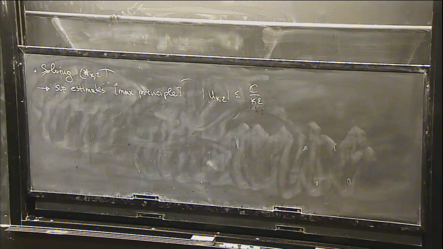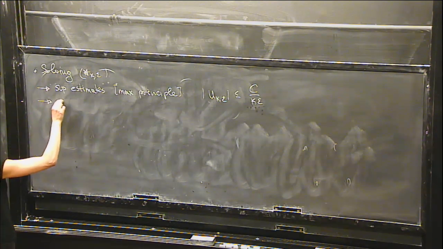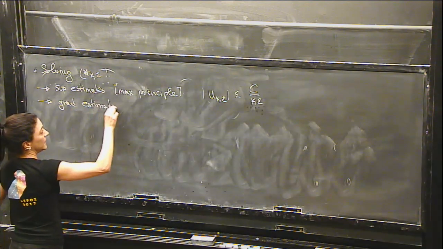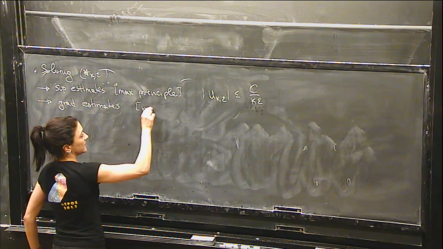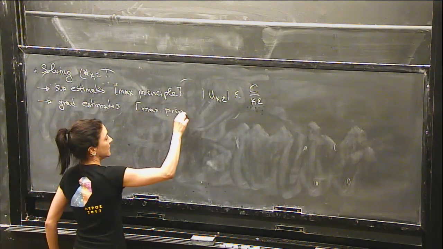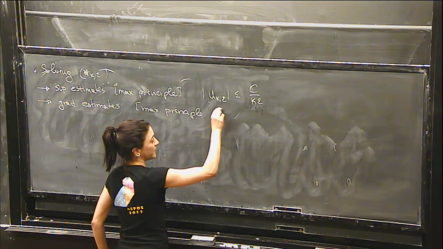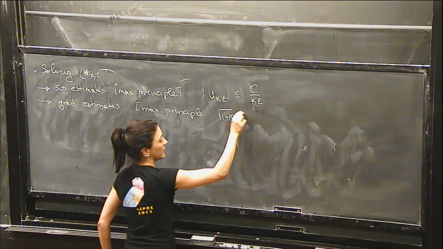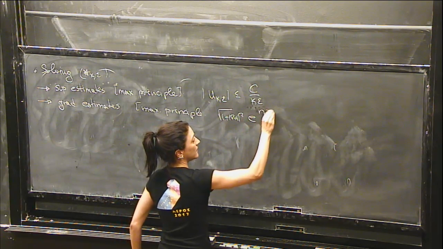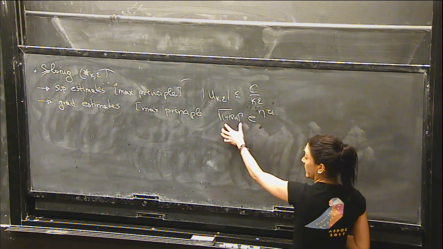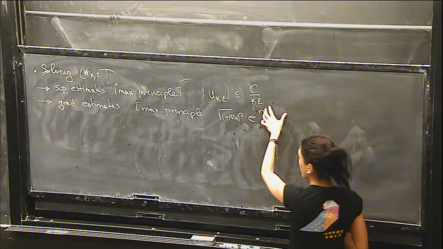Then to be able to say that you have a solution, you need gradient estimates and boundary gradient estimates. But these are fairly standard. You have interior gradient estimates, again by doing a maximum principle. Once you have the sup estimates, you do a maximum principle on a quantity, gradient times e to the u.